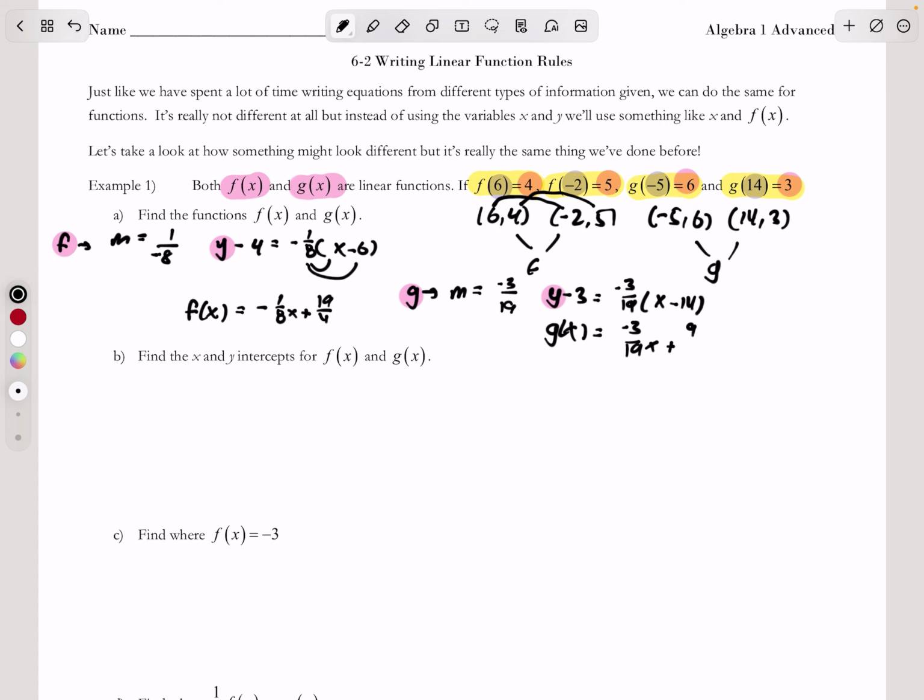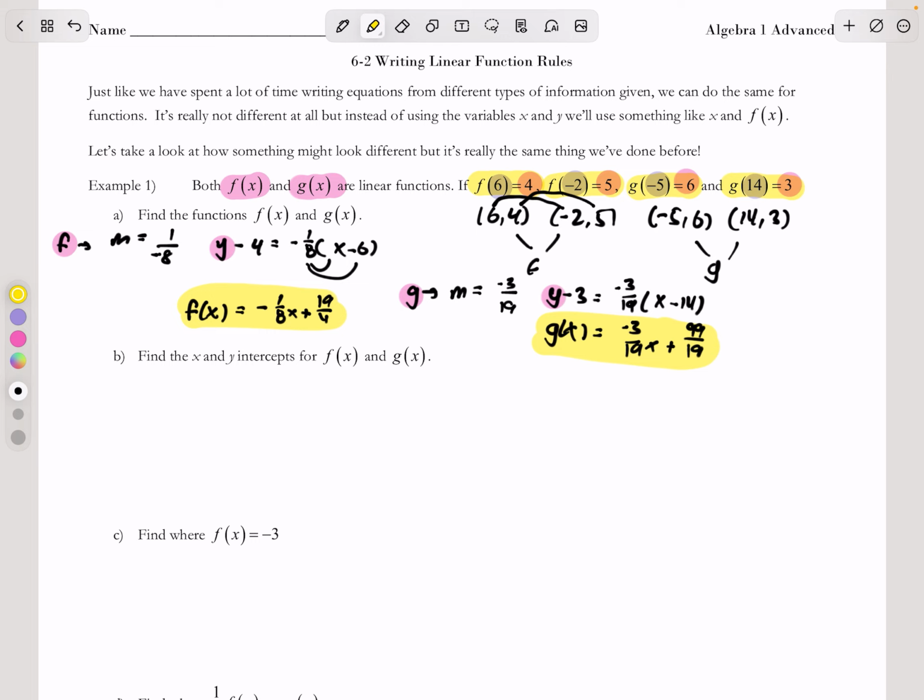Now that's 99 over 19. Okay, a little bit of a hard one out of the chute here to get you going, but you've already done this. You just haven't been using function notation. You know how to find the equation of a line if you're given 2 points. So instead of saying y equals negative 1/8 x plus 19/4, you say f of x equals, and so on.